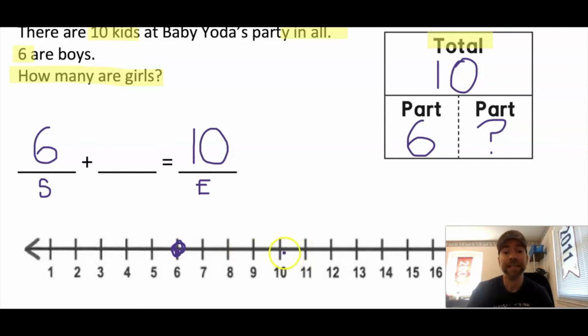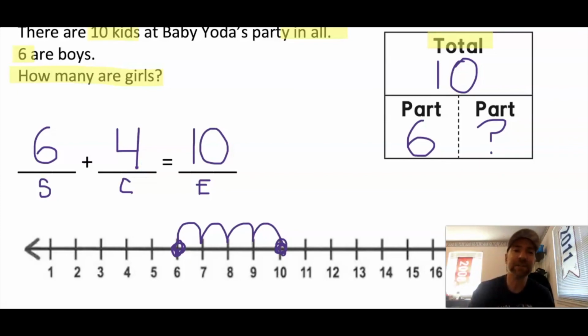And I'm going to put a dot at the 10 because that's the end. And now in order to find the change, or the other part, I'm going to have to go ahead and connect my dots with hops. 1, 2, 3, 4. 6 plus 4 equals 10.